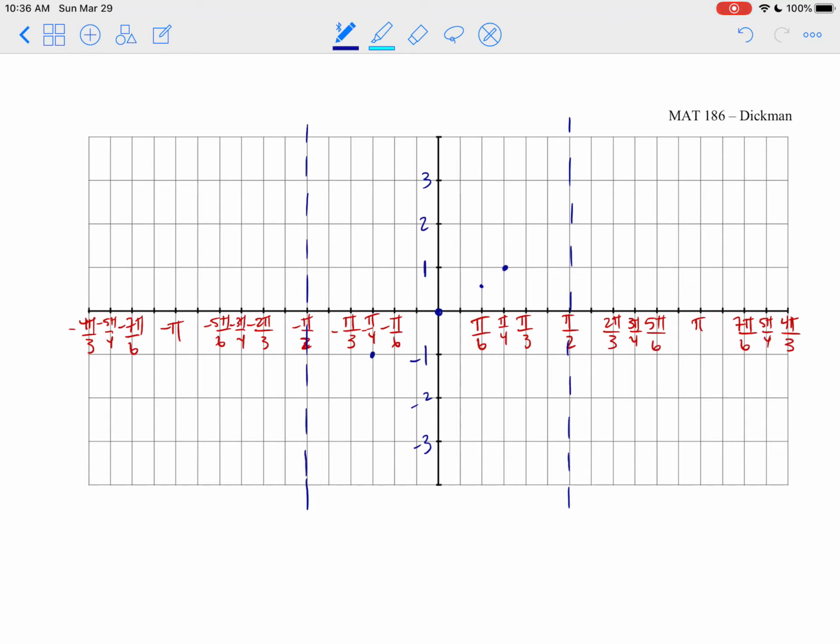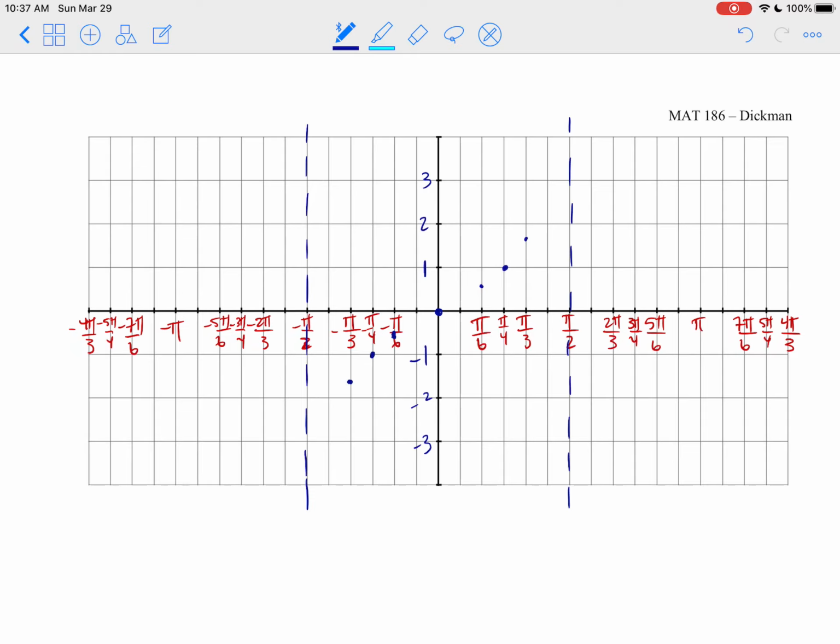And then pi over 3 is root 3, and root 3 is 1.7, okay? So 1.7 would be somewhere here. And the same thing, we'd have sort of the mirror image here, a little bit more than a half, and then 1.7 there.